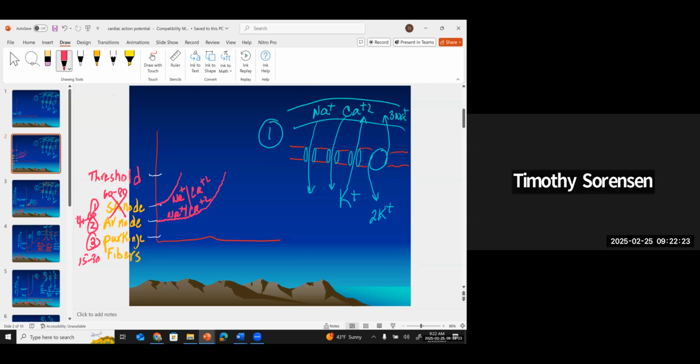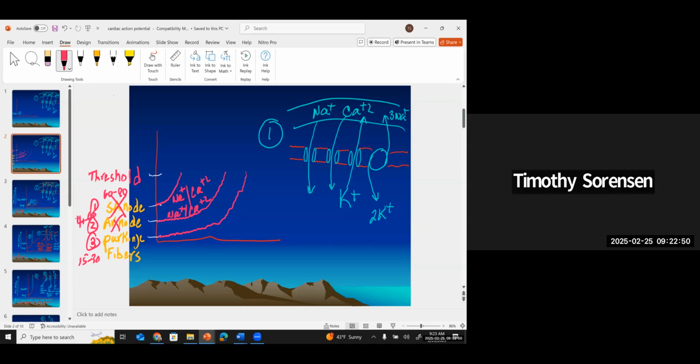Now, the same applies if your SA node and your AV node fail to work. What's the next pacemaker? The Purkinje fibers. And the Purkinje fibers have the lowest resting membrane potential. That means because it has the lowest resting membrane potential, it's going to take longer for sodium and calcium to leak in to reach threshold.